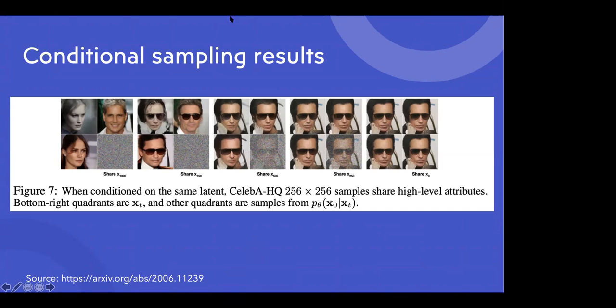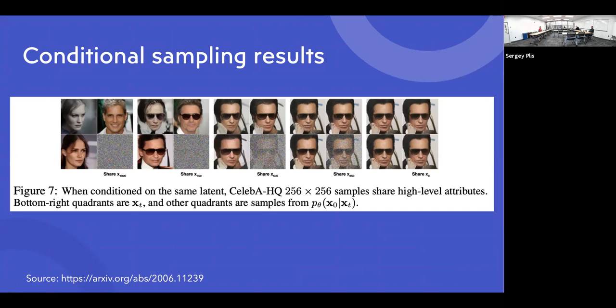Sorry, I was asking in what sense are they not as good as other models? The negative log likelihood on the test set. So flow-based models, for example, are better at the negative log likelihood, like predicting the original data.